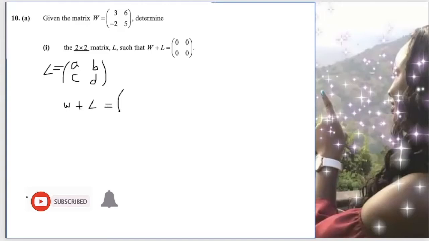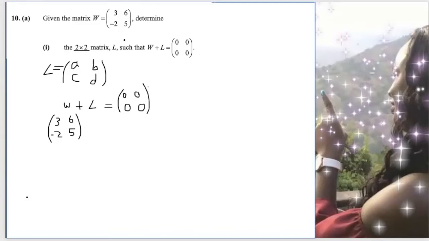And I'll be replacing W and L. So W, I replace with the matrix that is given in the question, 3, 6, minus 2, and 5. And L with the unknown that I'm trying to find. What is A, what is B, what is C, and also what is D.